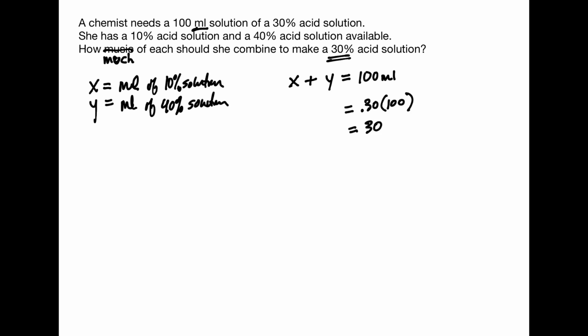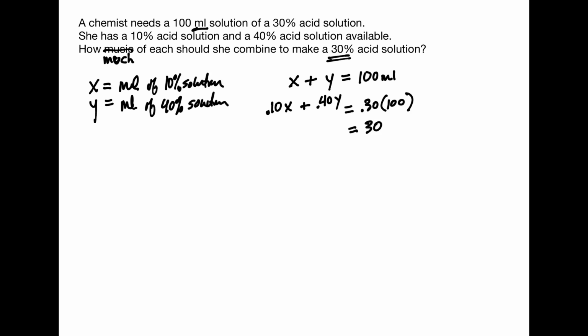Well, we're going to look at the acid as well with the milliliters that we have represented with X and Y. In other words, X is representing the 10% solution. So I'm going to go 10% of X, however many milliliters, plus 40% of Y should give me 30% of 100, giving me 30.